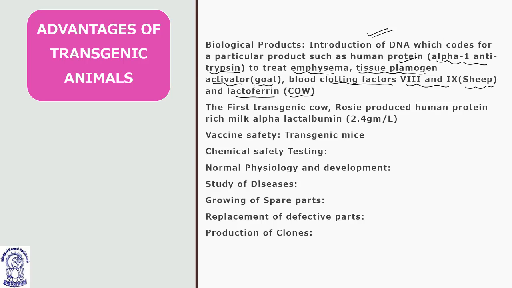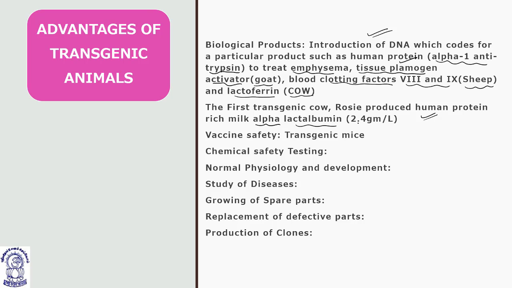So these are the transgenic animals we have prepared, like sheep to deliver blood clotting factors 8 and 9, cow to deliver lactoferrin, tissue plasminogen activator from goat, and alpha-1 antitrypsin to deliver resistance against emphysema.